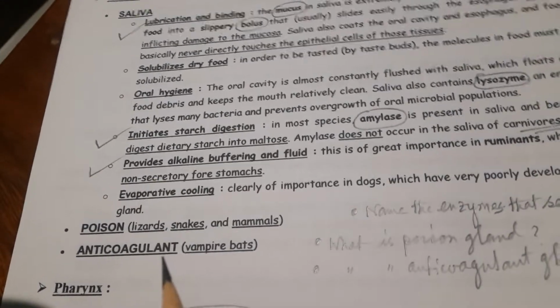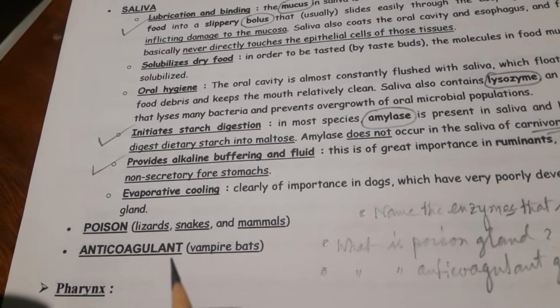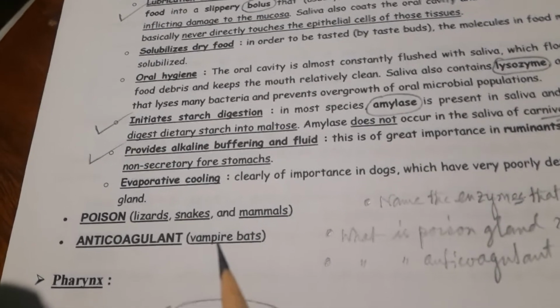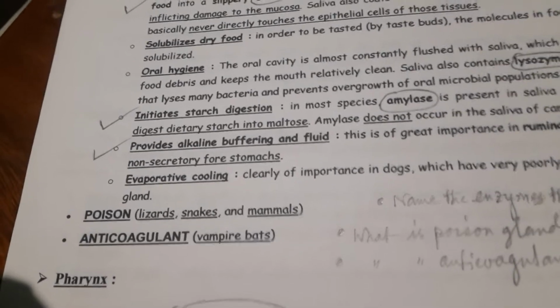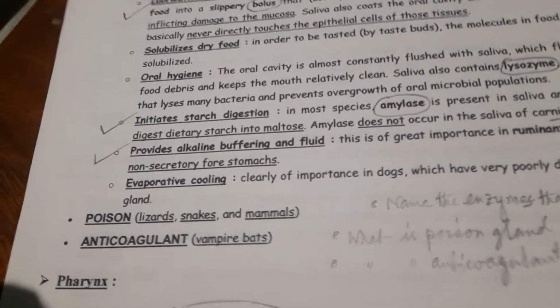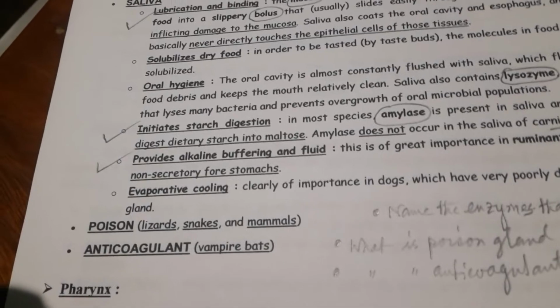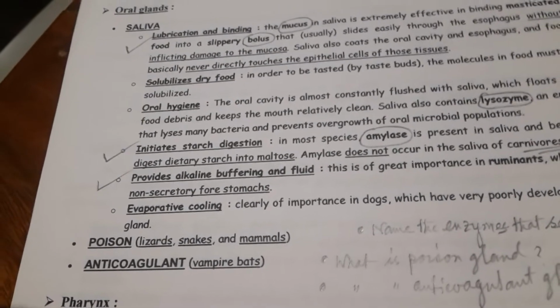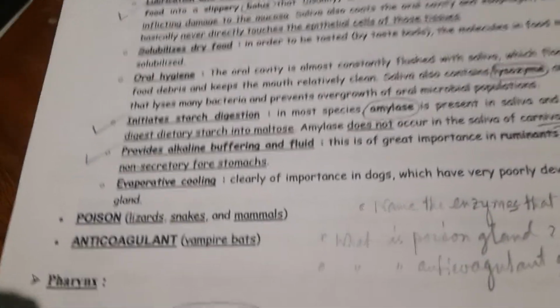Another gland is the anticoagulant gland, found in vampire bats. You know that vampire bats can suck blood because of the anticoagulant present in the secretion of their oral glands.